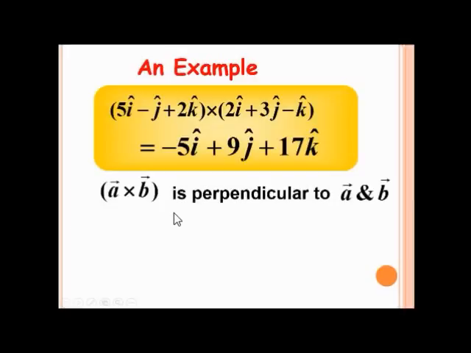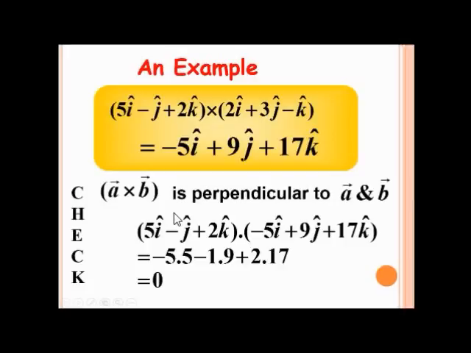Now in this case, A cross B is perpendicular to both the vectors, and you can check it. How can you check that both of them are perpendicular? The dot product will be 0 because A dot B is AB cos theta and cos 90 is 0. If you find the dot product of the resultant with the first or with the second, you will find it to be 0.